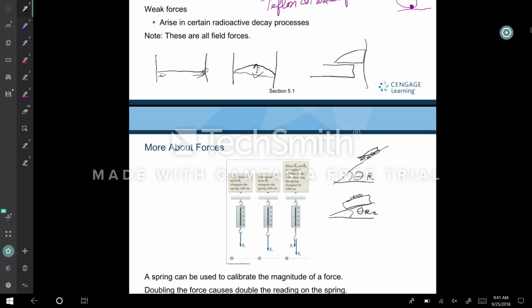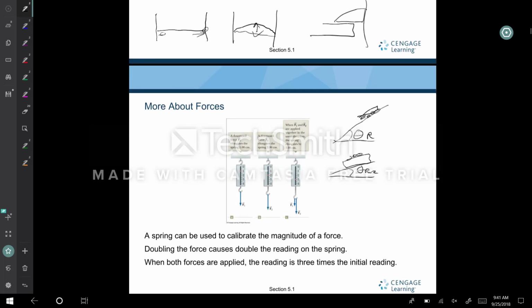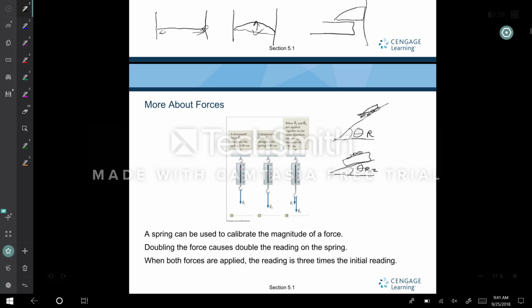Sliding plastic, hard plastic, pretty low friction. Rubber, pretty high friction. Yep. So again, as you were pointing out, friction opposes relative motion.